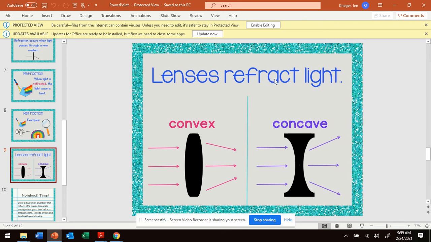Refract equals bending. So in a convex lens, notice how the lens is sticking kind of outward. So in this regard, the light is hitting your glasses, and then it's refracting or bending.